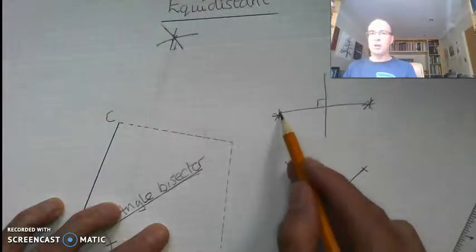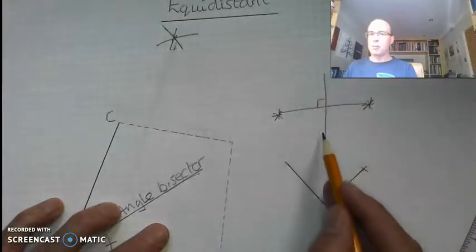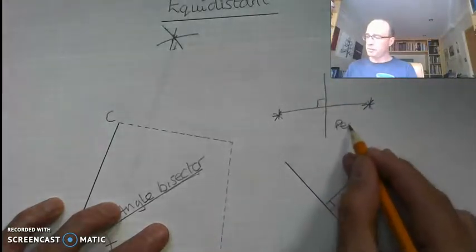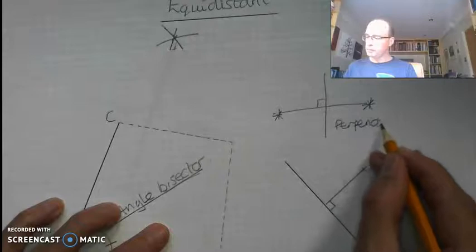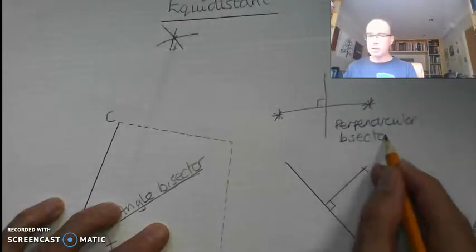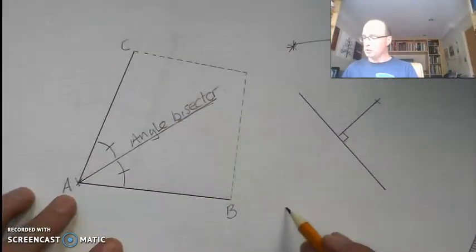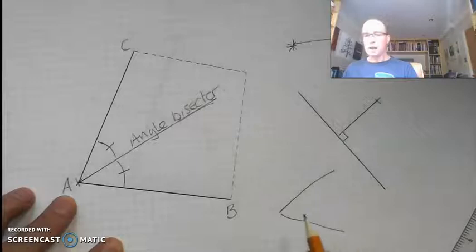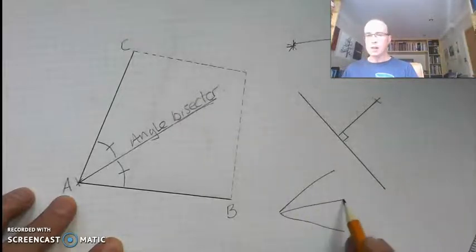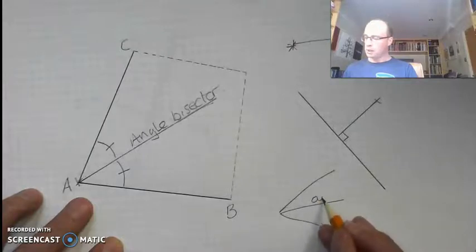So all the points at the same distance, equidistant from 2 points, I'm looking for a perpendicular bisector. And if I'm looking for the set of points that's the same distance from 2 straight lines, then I'm looking for the angle bisector.